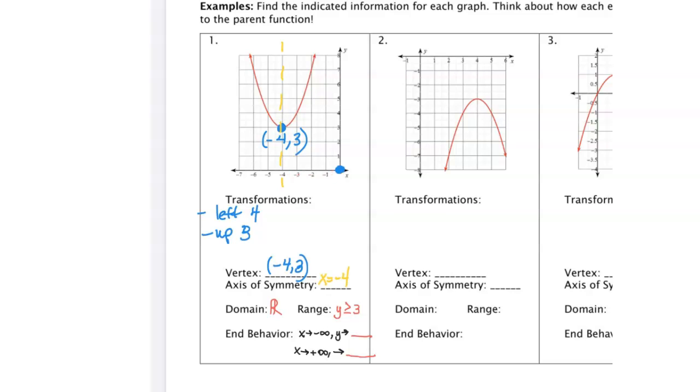When the x's are going towards the left, we are going up, up, up, up, up with our graph. So therefore, we're going to positive infinity. And as your x's are getting positive, going towards the right, we are going to positive infinity as well. And we're done with number 1.